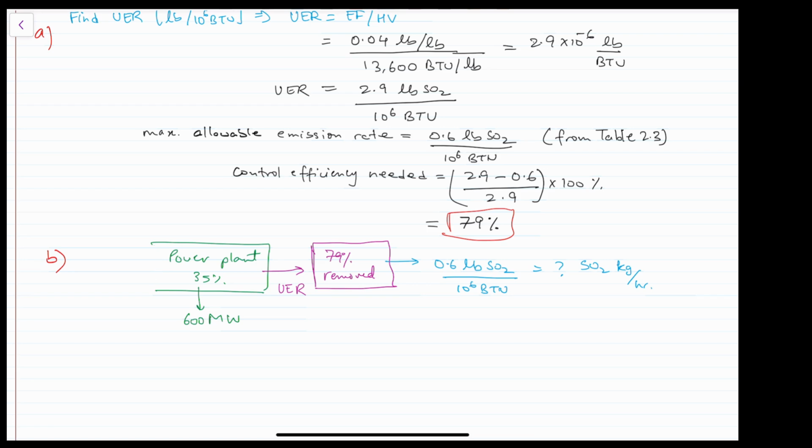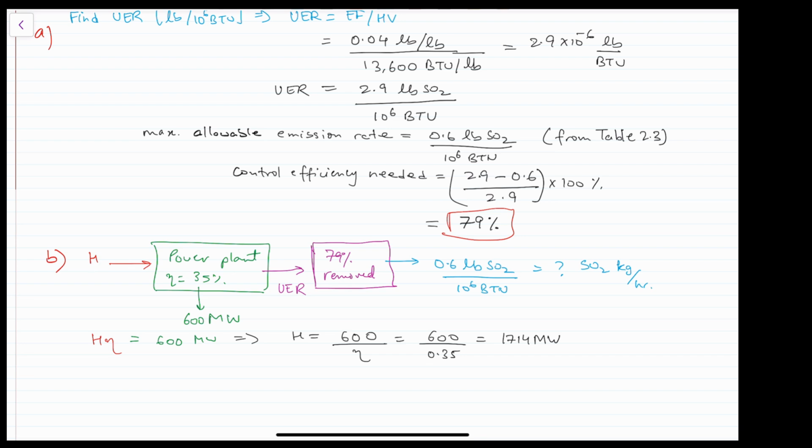So say H is the heat input. H times the efficiency, and the efficiency here is 35%, is 600 megawatt. So that implies that H is 600 divided by 0.35, which is 1714 megawatts.